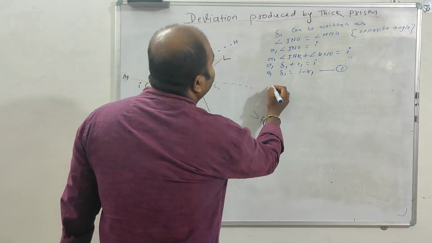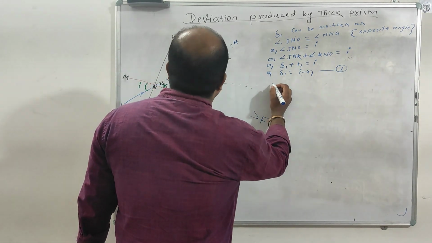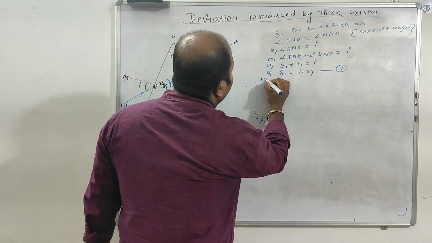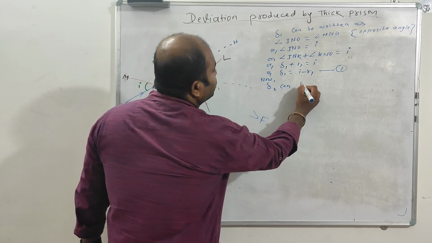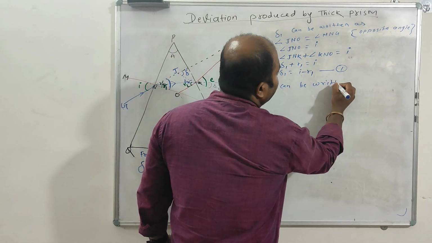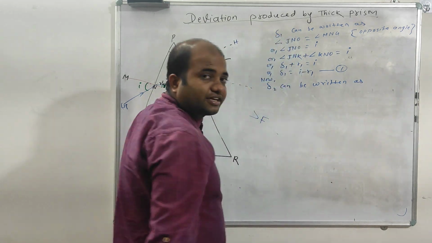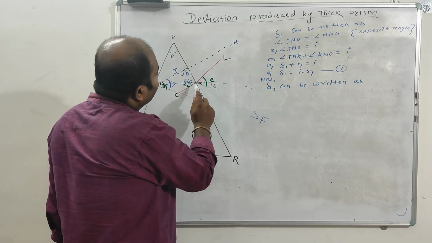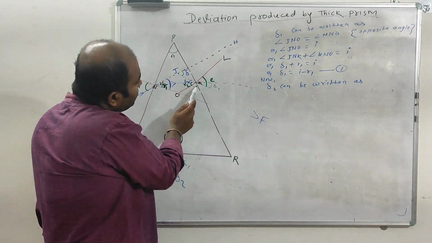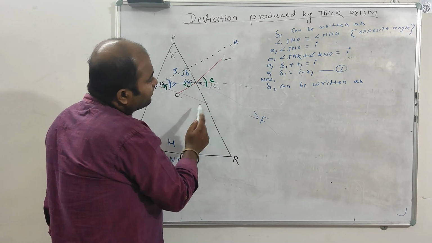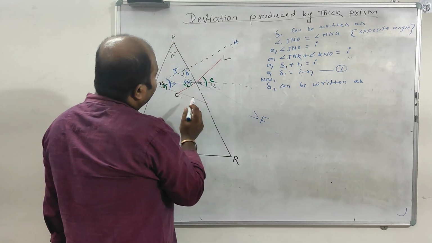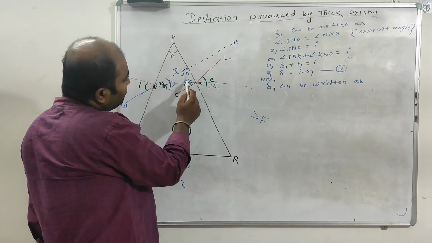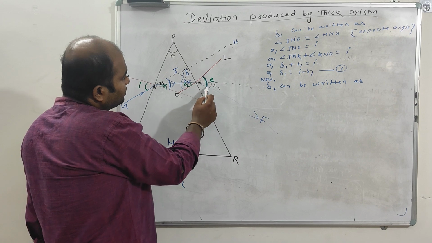Now del 2 can be written as follows. First I see the angle LKF. Angle LKF equals angle OKJ because of vertically opposite angles; this total angle is equal to this total angle.